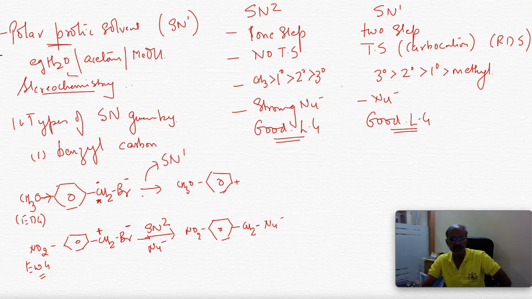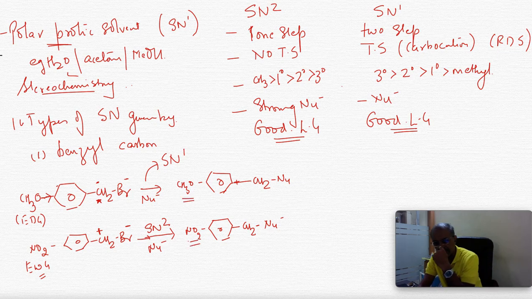Similarly here, if I attack with some nucleophile, then obviously it will be CH2 with a nucleophile. The products are both the same, but it depends upon the electron withdrawing and electron donating group. If electron withdrawing, then it will give an SN2 reaction, and if it is electron donating, then it will give me an SN1 reaction. Fine.